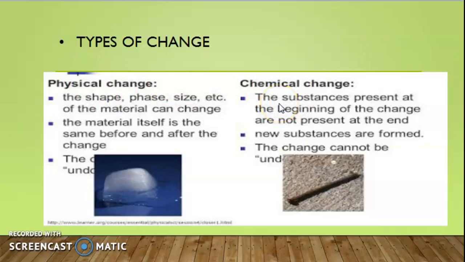Chemical change is basically a type of change in which always a new substance is formed with completely new properties. And in that reaction, we are not going to get back our original substance after the change. And in that, the overall characteristic of the newly formed substance is totally different from the first substance.